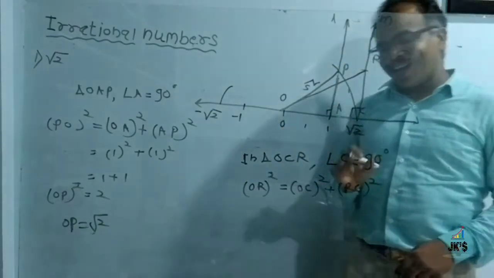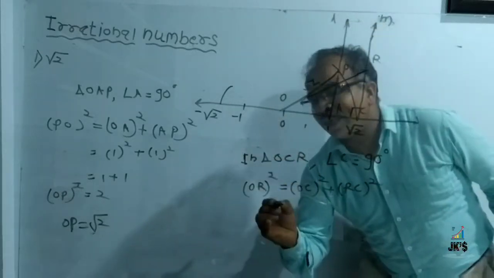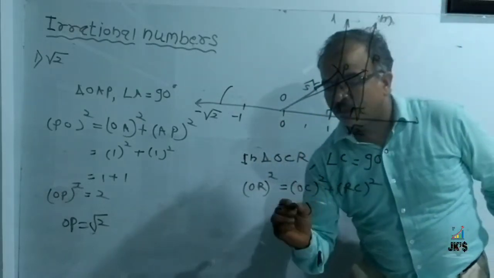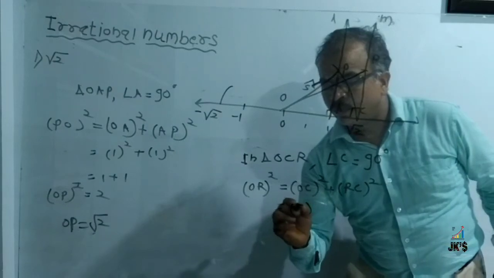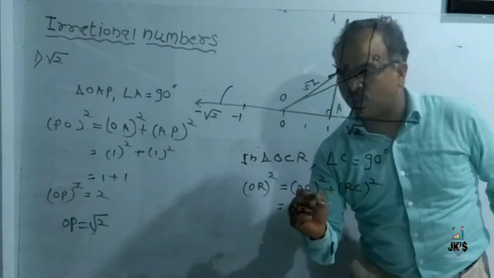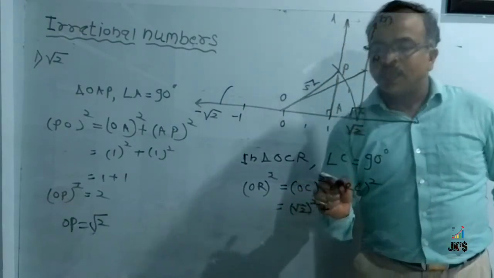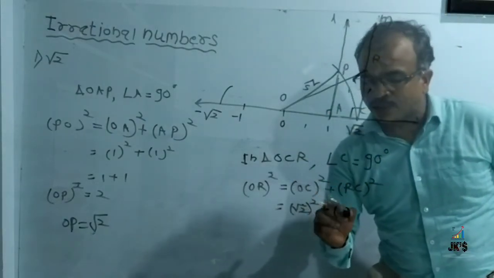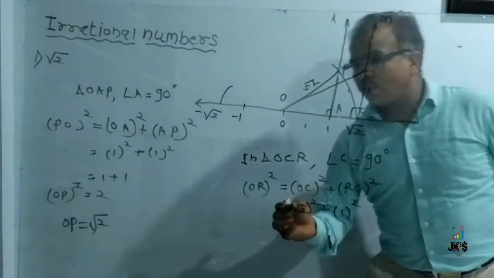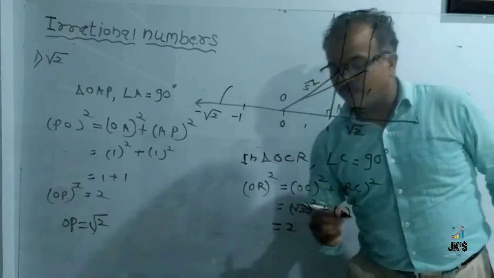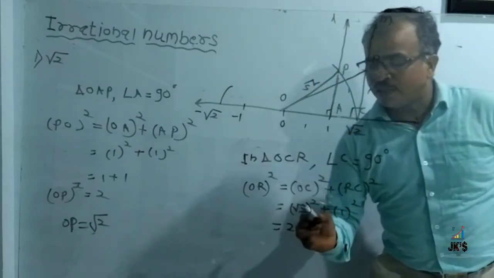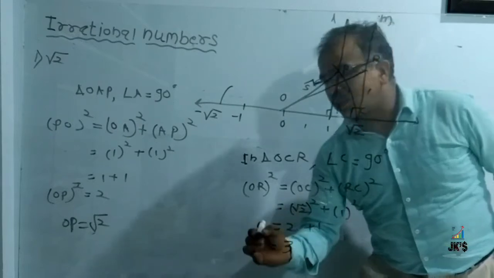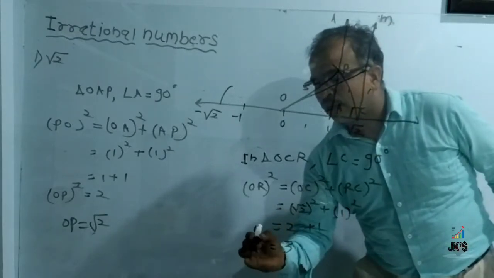Substitute the values: OC is root 2, so root 2 square plus RC, taken as unit height, 1 square. Square of root 2 is 2 and square of 1 is 1. 2 plus 1 is 3, so OR square equals 3.